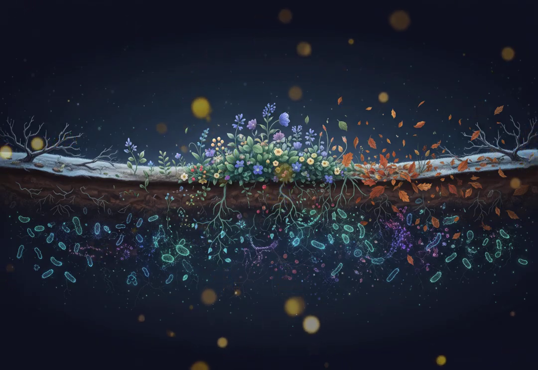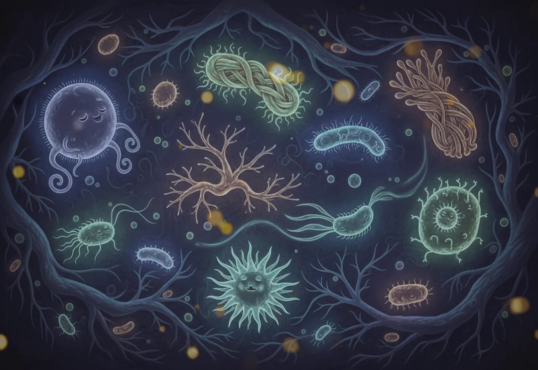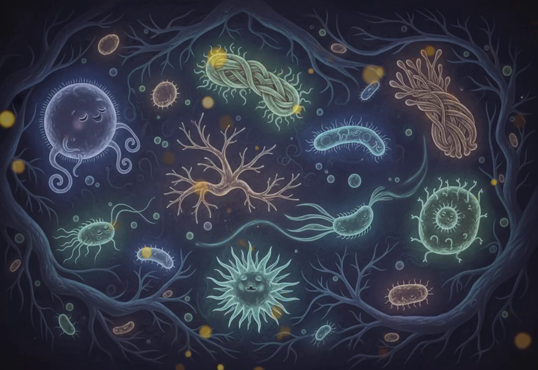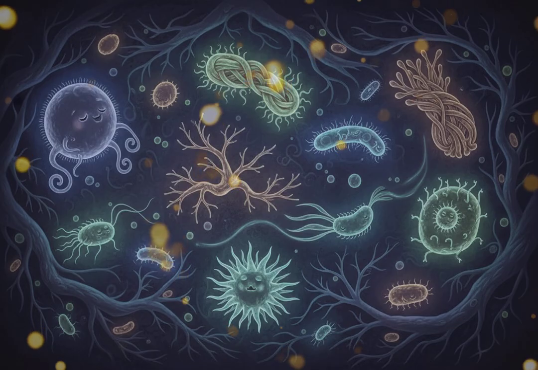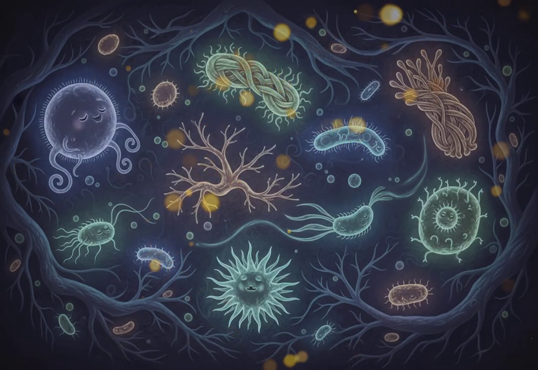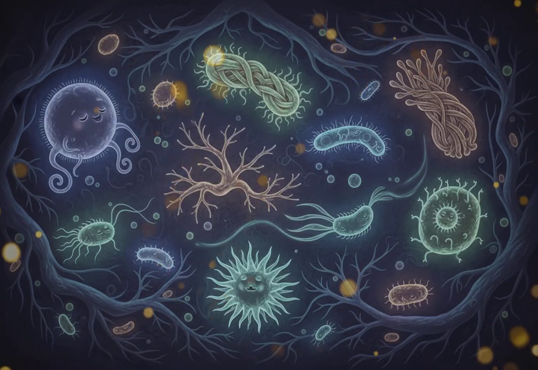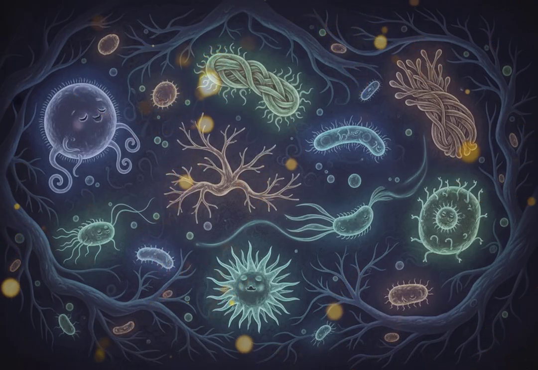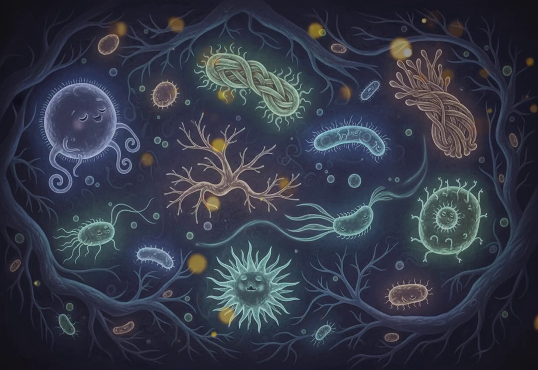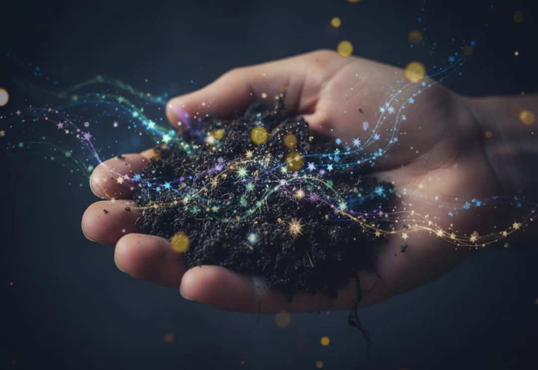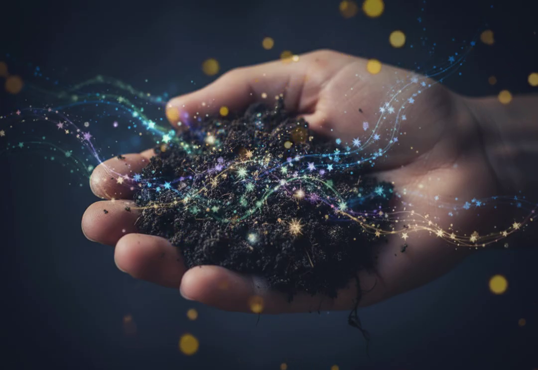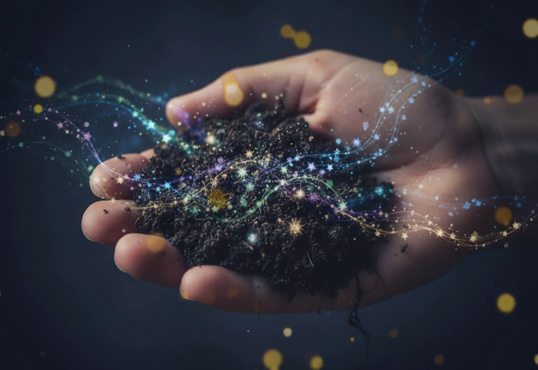As researchers analyze the sequences collected, they can identify previously unrecognized species, expanding our knowledge of soil life and its functions. This technique not only reveals who is living in the soil, but also sheds light on the roles these organisms play in nutrient cycling, disease suppression, and ecosystem resilience.